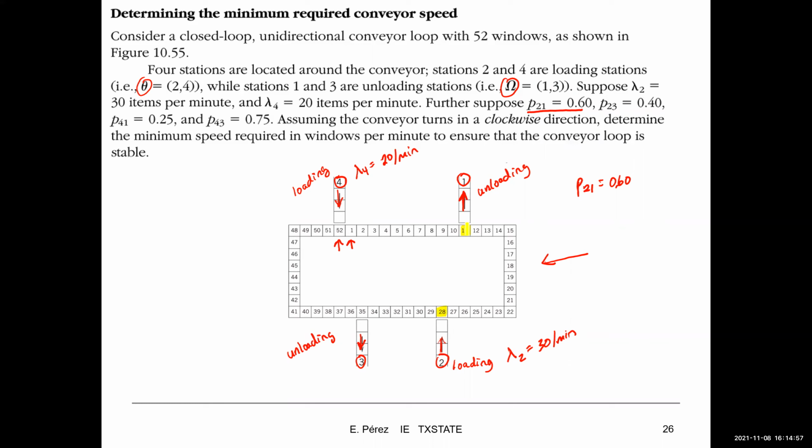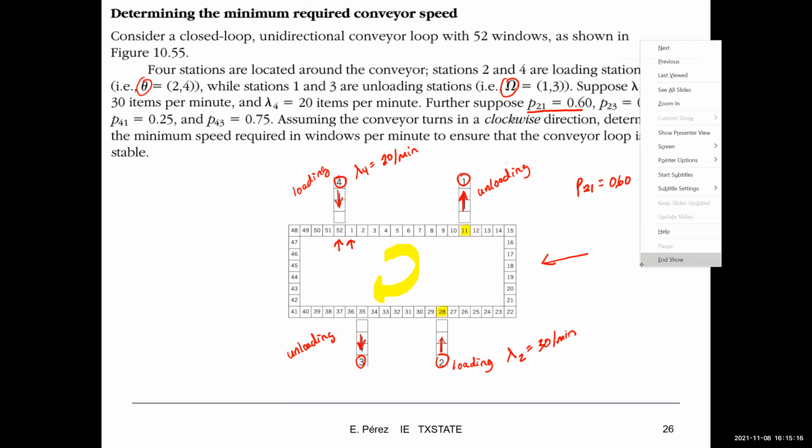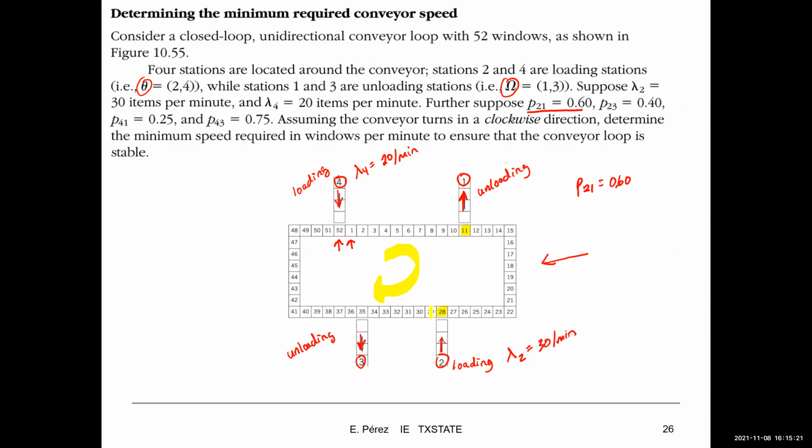This conveyor turns in a clockwise direction, so it goes this way. So what this is saying is that for that part, there's a 60% chance that this part will go all the way here and be unloaded here.